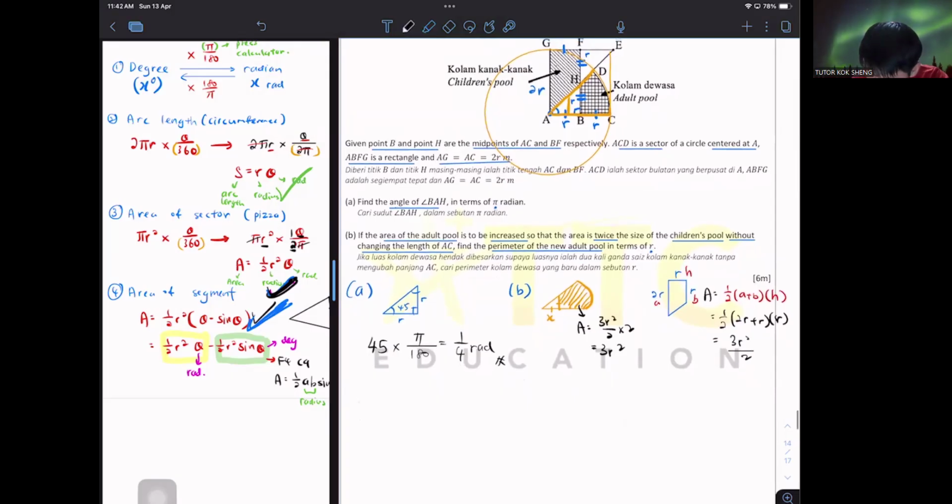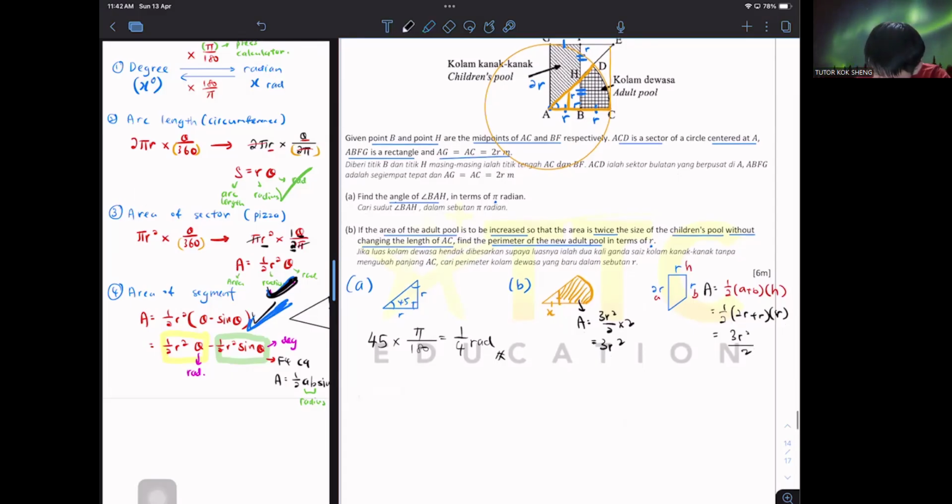Originally, the size of the adult pool is the shaded part on top here. Now increase to become this shape here, right? Let's use this shape to find the x. After you find the x, then only we go for the perimeter.